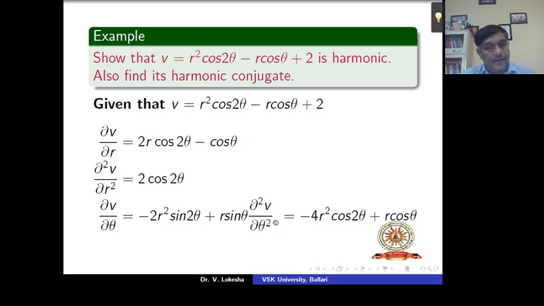The second order derivative becomes minus, r² is constant, sin 2θ can be differentiated, that becomes cos 2θ into 2, then that becomes minus 4r² cos 2θ plus here r is treated as a constant, sin θ becomes cos θ, you get r cos θ.